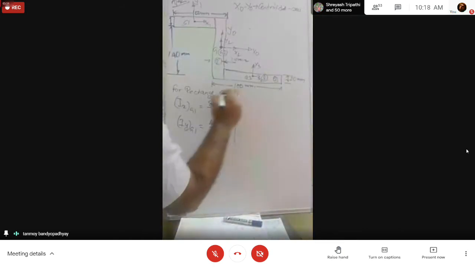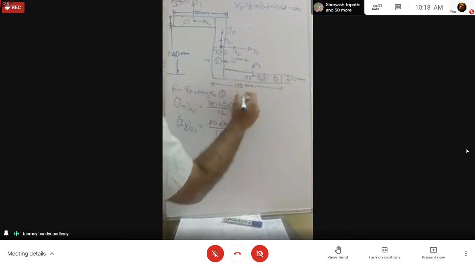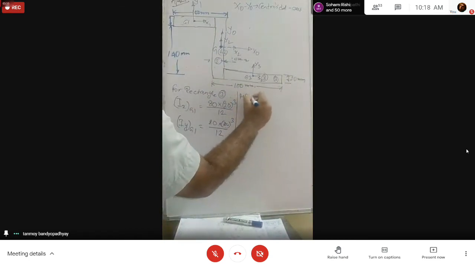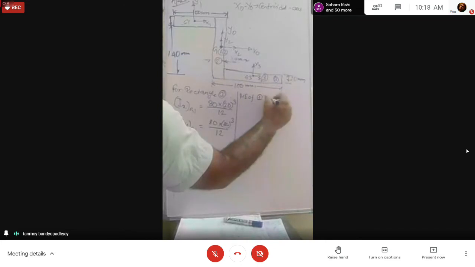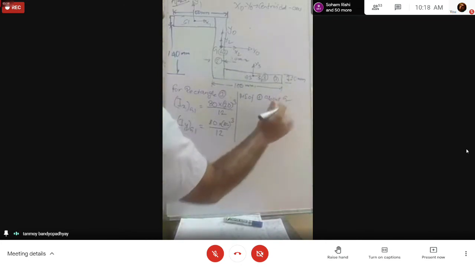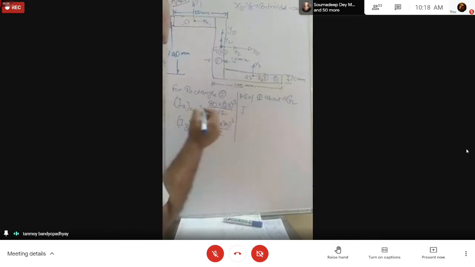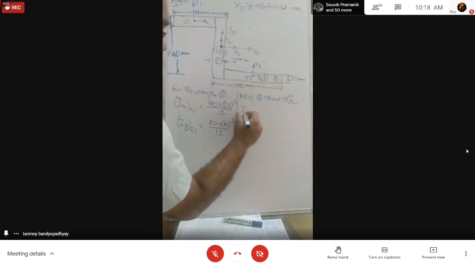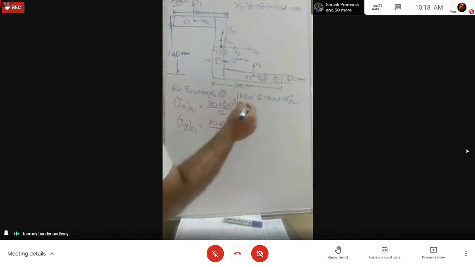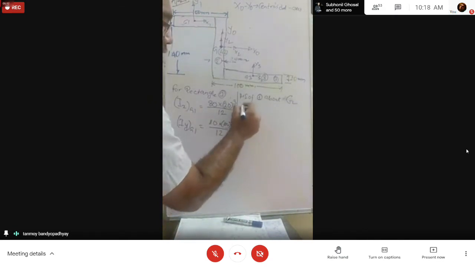So this is about the centroid G1. The moment of inertia of rectangle 1 about G, we defined earlier as Ix1, I feel.